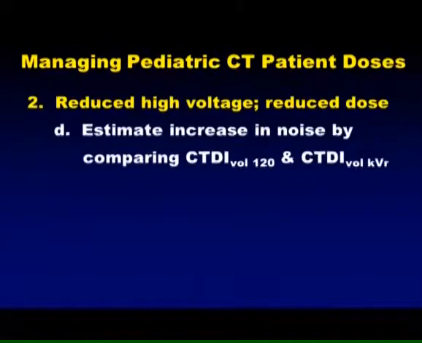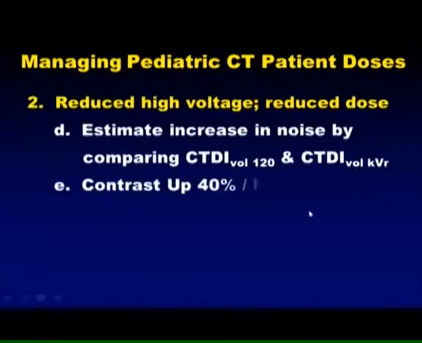All right? So we know how much our contrast has increased. We can calculate how much our noise is going to increase because we reduced the kV, because we know that relationship. So let's just say that my contrast goes up 40%. My noise went up 60% because I dropped my kV from 120 kV to 100 kV and kept the mass the same.